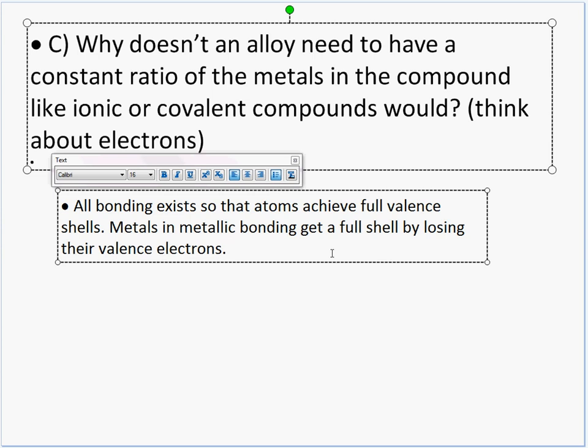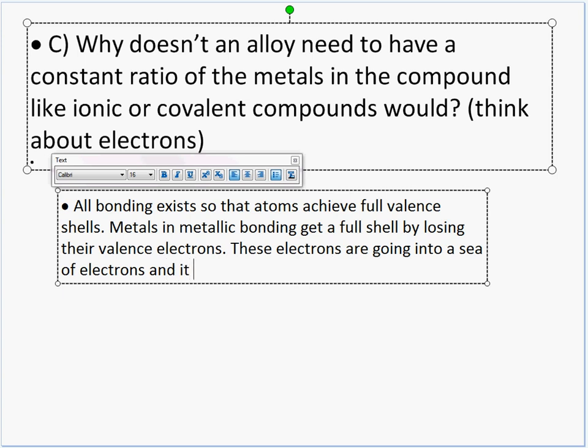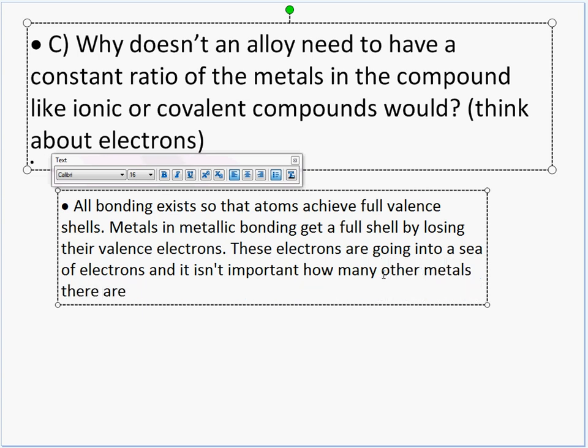So it doesn't matter how much of the other chemical, the other element you have, because the electrons are just going into the sea of electrons. So let's try and communicate that. So they're losing their valence electrons. These electrons are going into a sea of electrons, and it isn't important how many other metals there are.